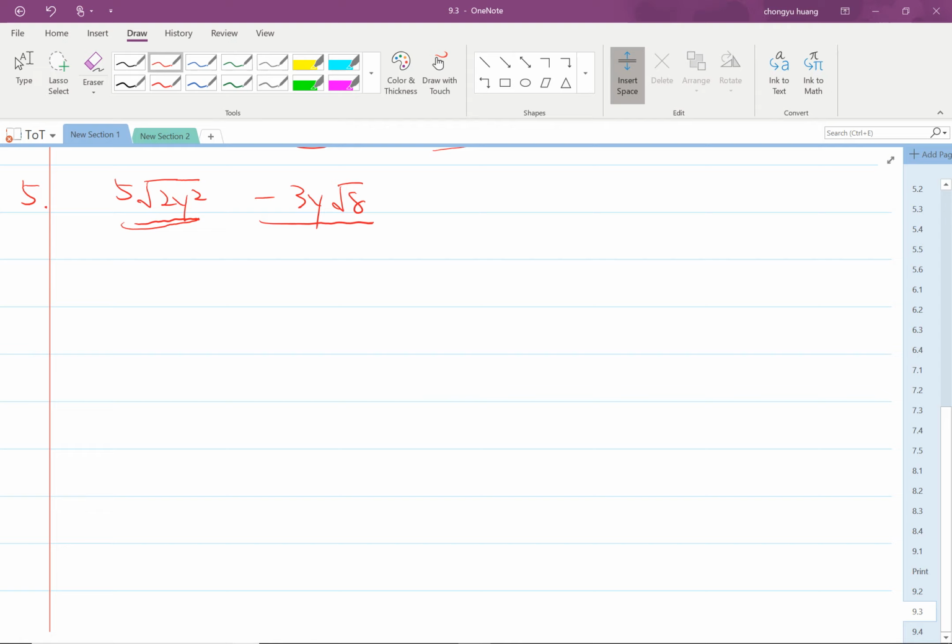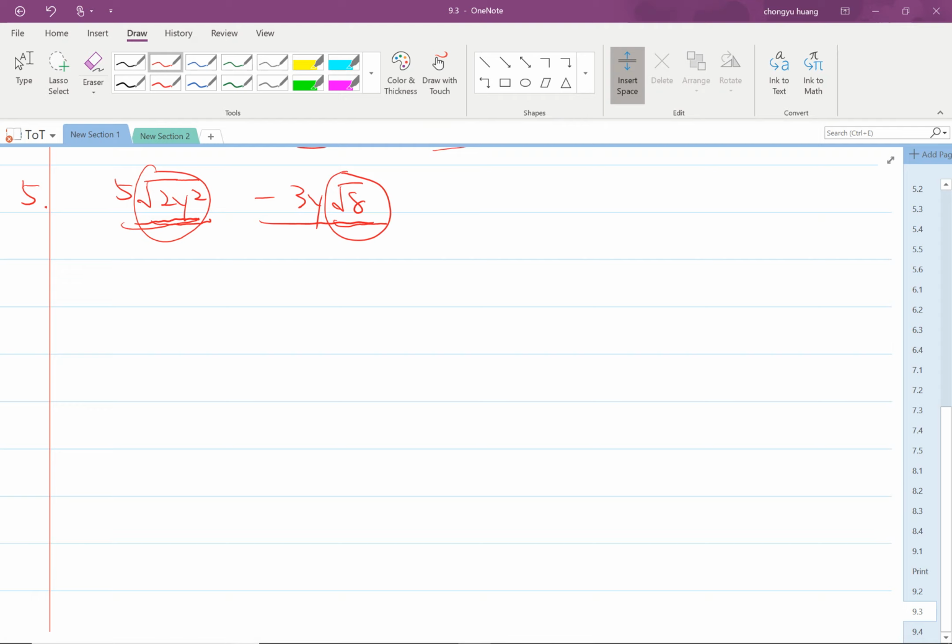Right away you should know that we are able to simplify the first term, the square root of 2y squared, and for the second term, we are able to simplify the square root of 8.